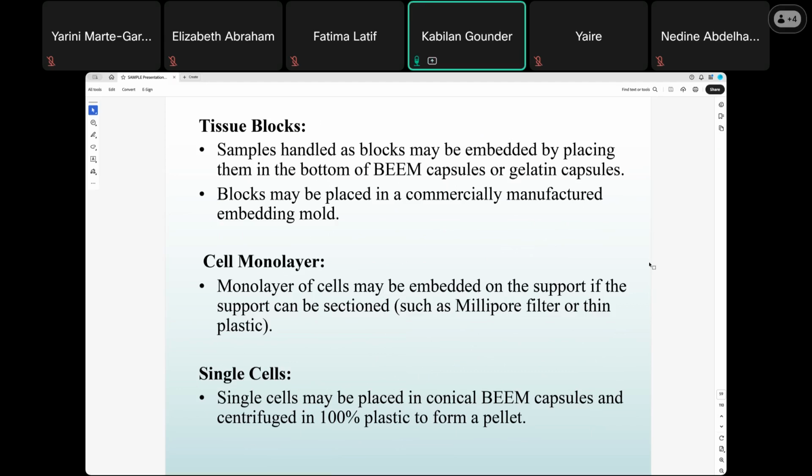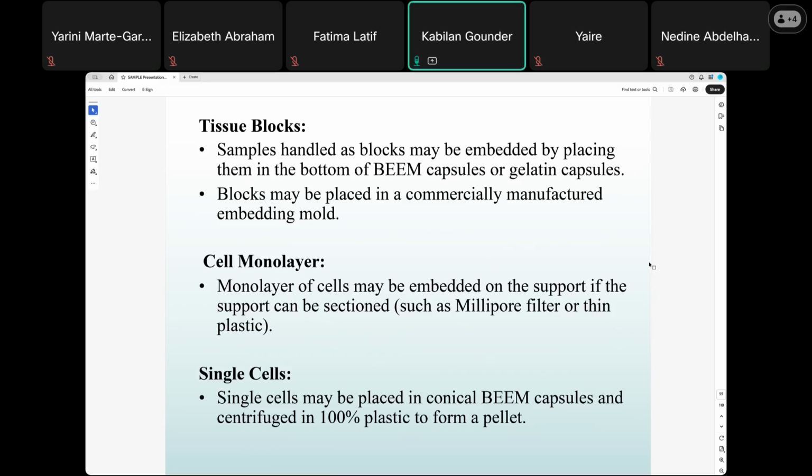The next is the different types of cell lines we grow in the laboratory. That is the monolayer of cells, which may be embedded on a support. You can use, for example, a Millipore filter or thin plastic.